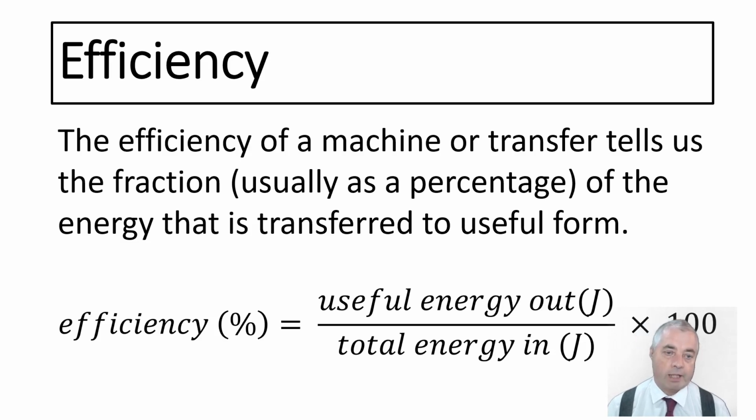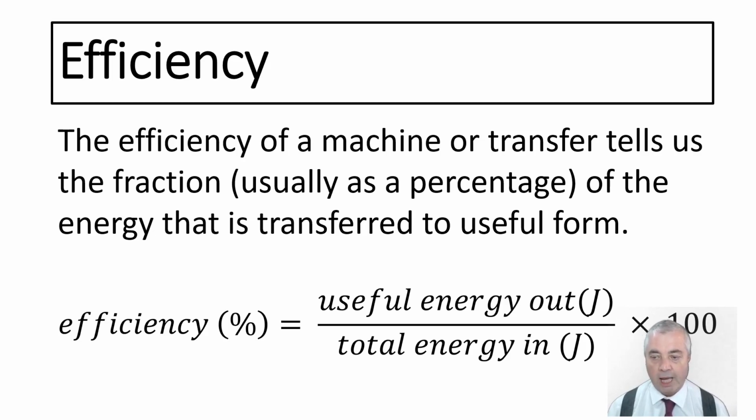One of the things we're interested in with energy transfer is how much of it ends up as useful energy. I think that's been pretty clear from what we've said already. So how do we calculate that? Well, we calculate it by using this formula here. Efficiency is useful energy out divided by the total energy in.